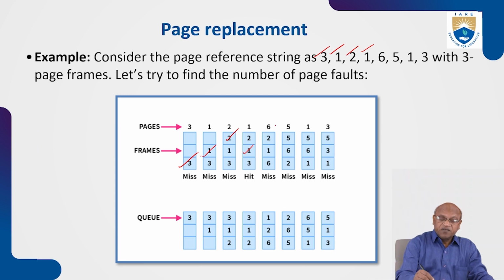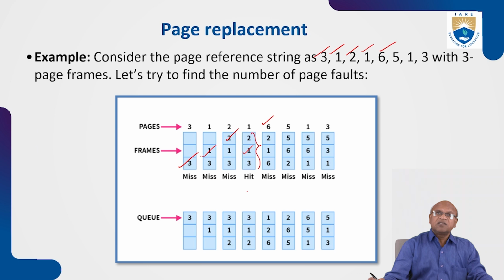Next we require page number 6. Now the OS will see whether page number 6 is available in the RAM or not. 6 is not available, because 2, 1, 3 are occupied. So now we want to bring the 6 from the hard disk to RAM. There is no place, as all three frames are occupied by the 3 pages. So now we have to vacate or replace one of the frames with some algorithm, that is first in first out.